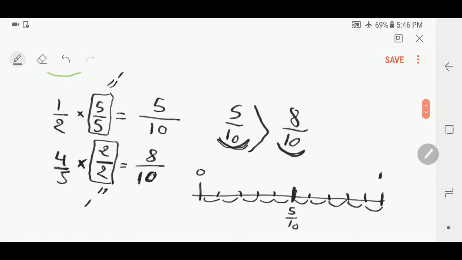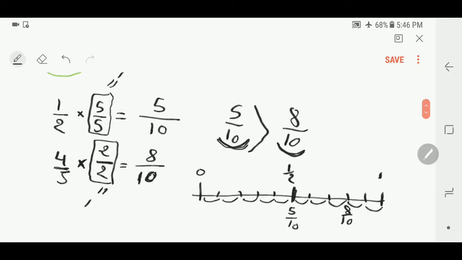5 over 10 is the same as 1/2, right? What about 8 over 10? Where is 8 over 10 going to be? It's going to be right here. This is 6 over 10, 7 over 10, this is 8 over 10. So remember this one, it's easy.